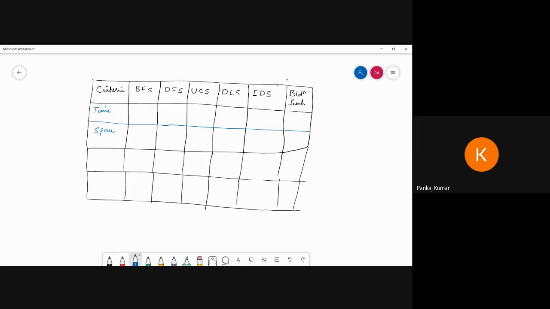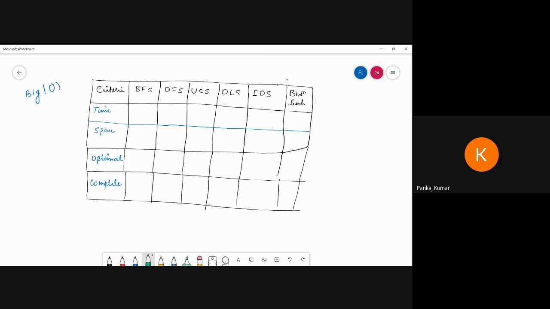So time complexity, space complexity, then I'm talking about optimal, then I'm talking about complete. First, for the time complexity, here I can follow the asymptotic notation, big O. So don't be confused.